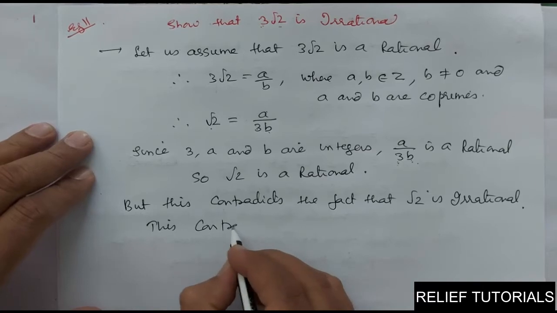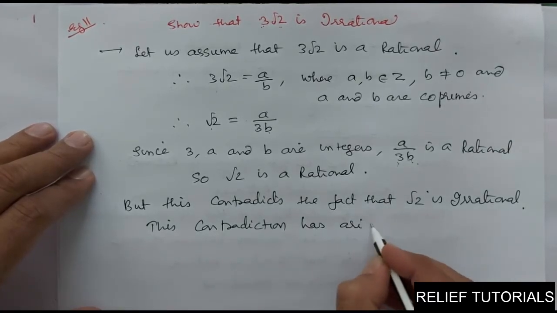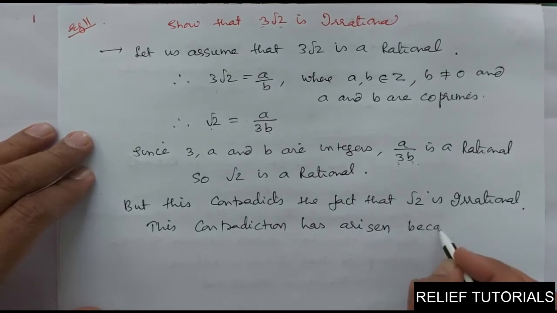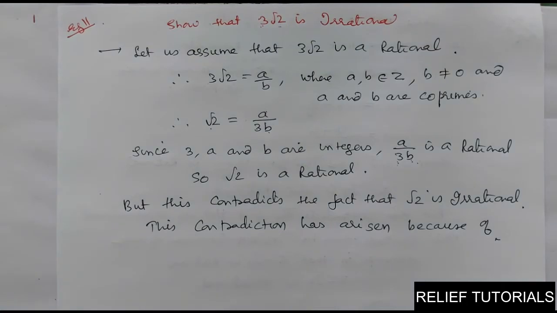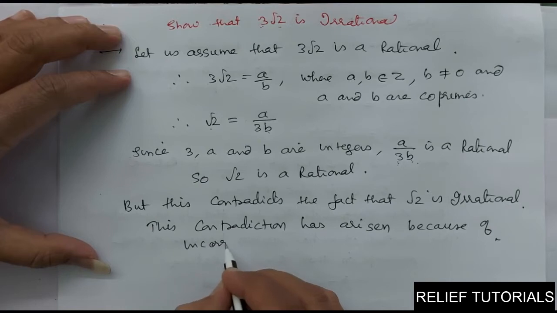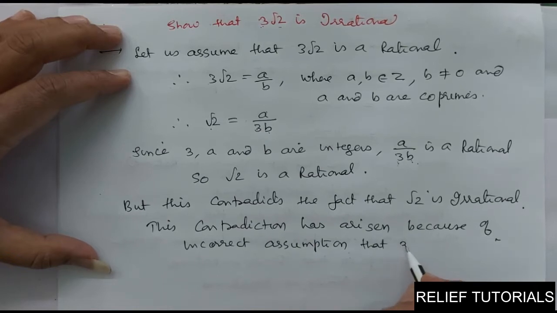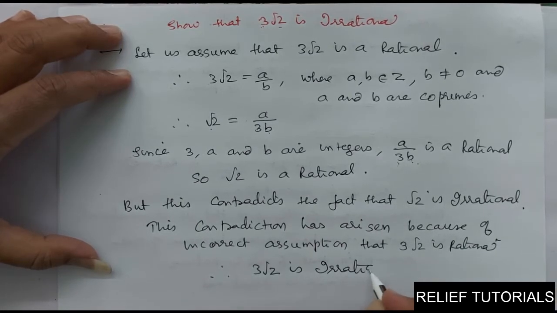This contradiction has arisen because of our incorrect assumption that 3 root 2 is rational. So therefore 3 root 2 is irrational.